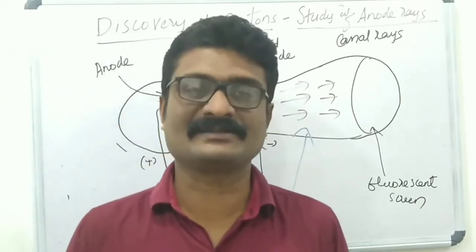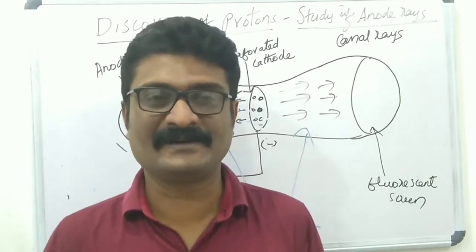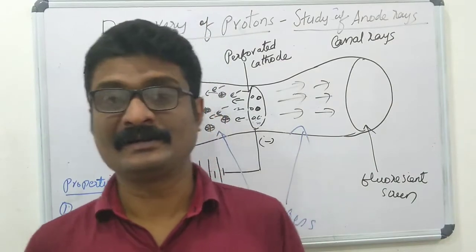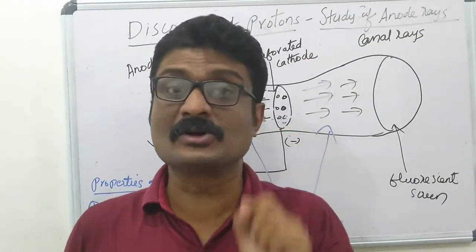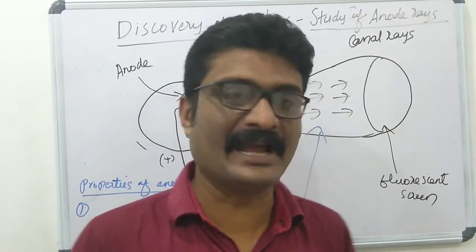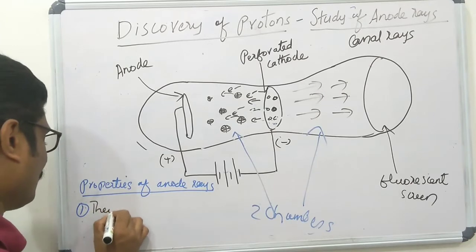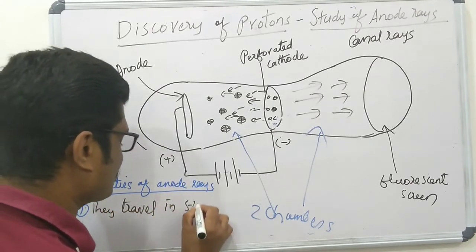What are the main properties of anode rays? First property, just like cathode rays, anode rays also travel in straight lines.